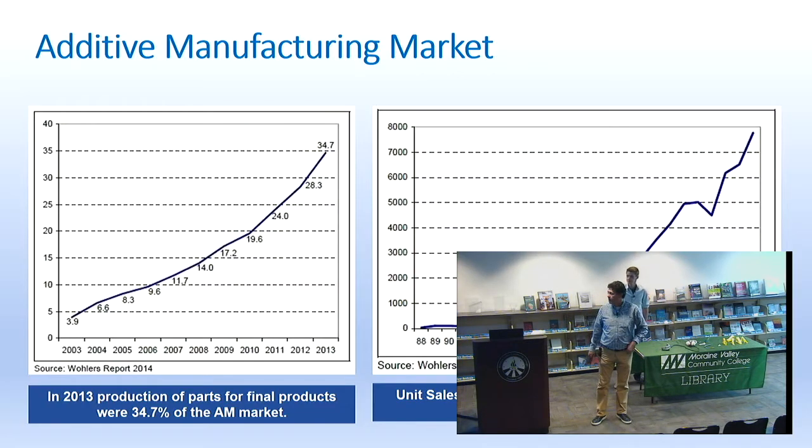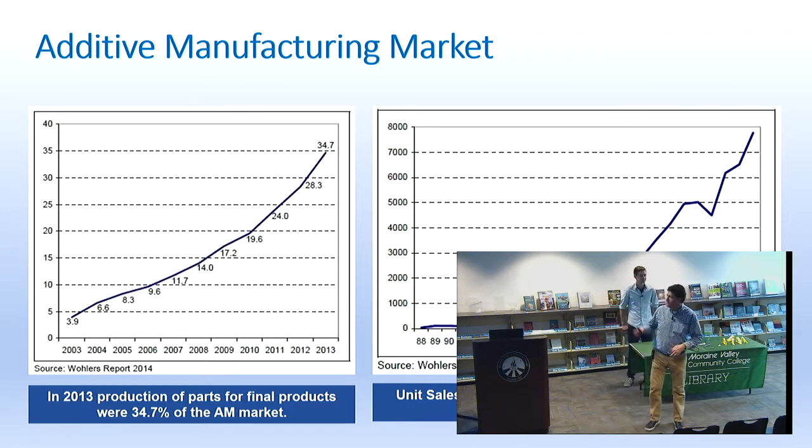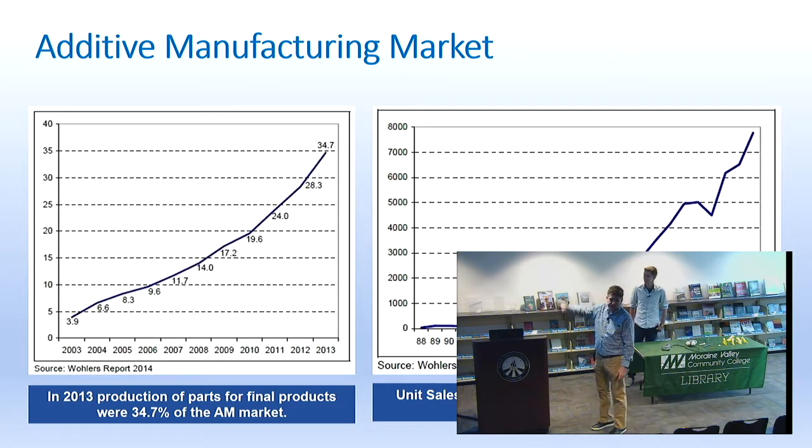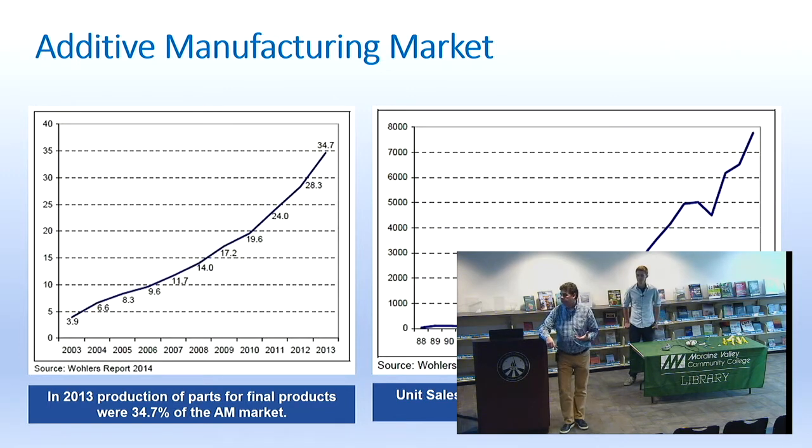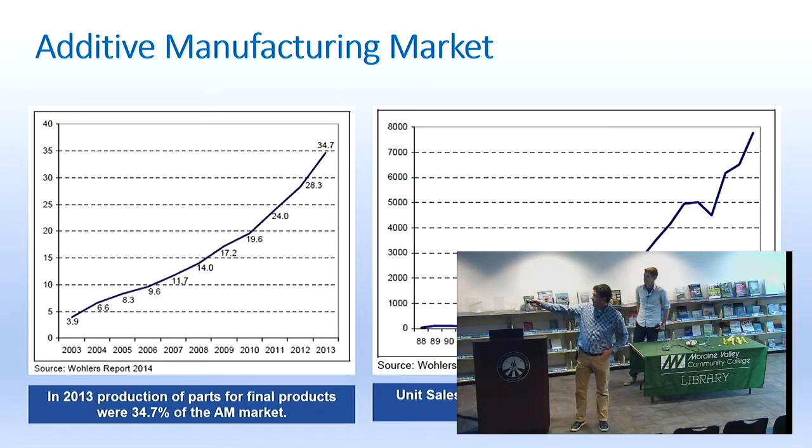Okay? Just to give you a sense of the additive manufacturing market, these graphs are just a couple years old, and I assure you that the trend is still upward. But in 2013, over a third of the additive manufacturing market was using 3D printing for final production parts, so 34.7%.